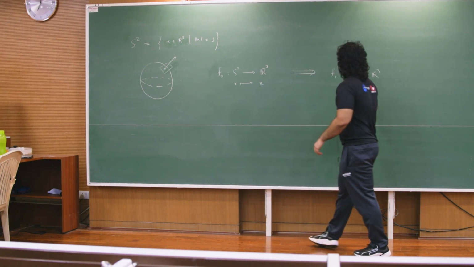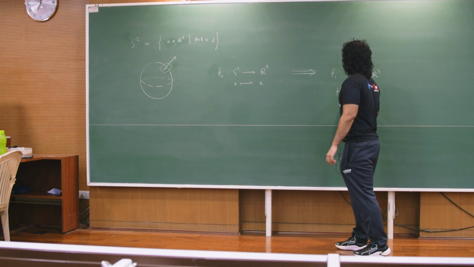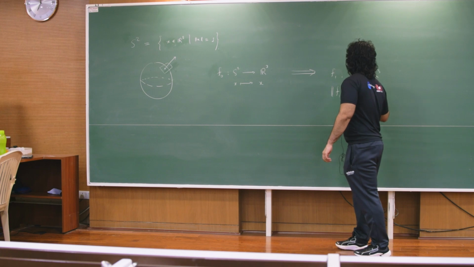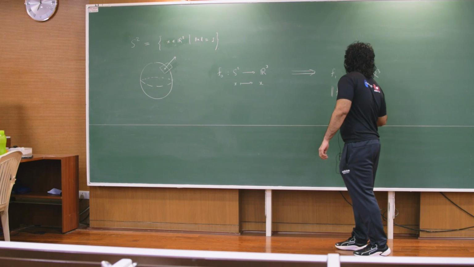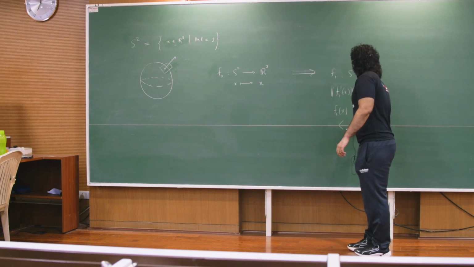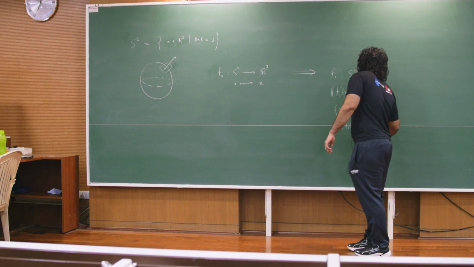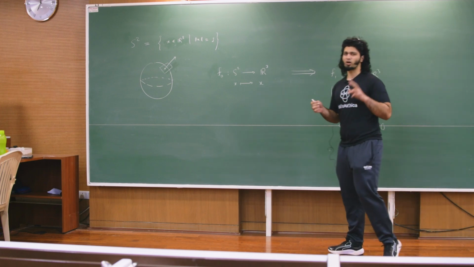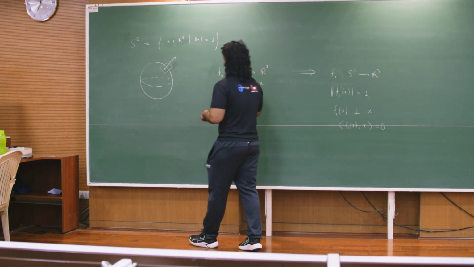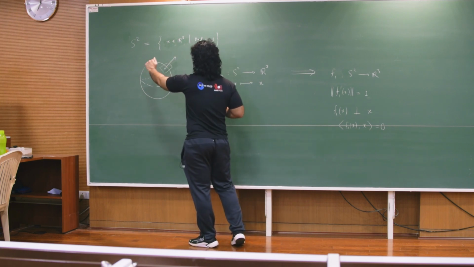So the conditions on F1 are that the length of F1 of x is 1, and F1 of x is perpendicular to x, or if you like linear algebra, F1 of x and x have inner product 0. A process of combing would look like taking a hair from the initial state to the final state.